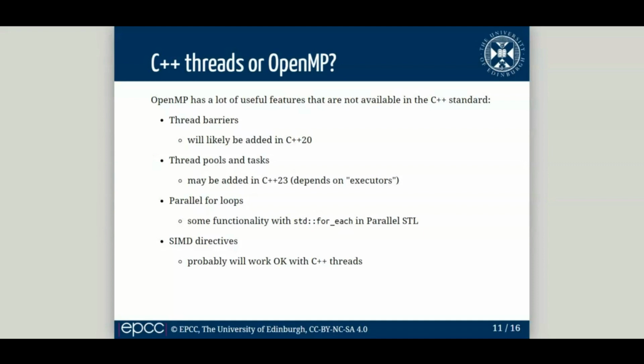Thread pools and tasks are something that is available in OpenMP and not in C++. This is not on the slide, but also a recommendation if you use OpenMP tasks: you should be careful about the number of tasks that you are generating.